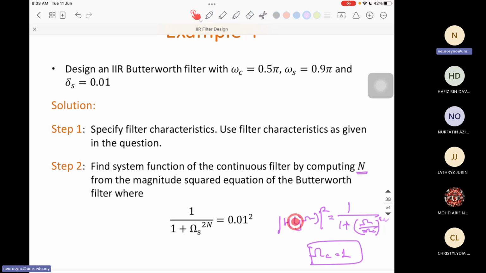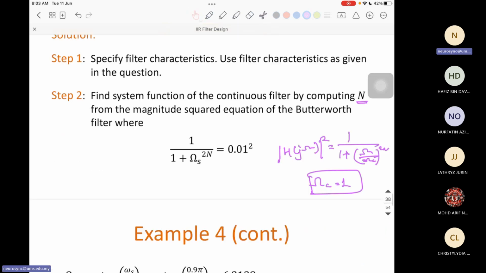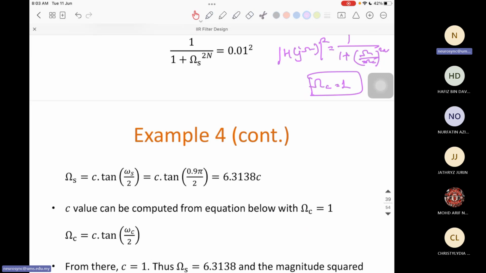I know the magnitude at capital omega s is 0.01 squared, which is equal to 1 divided by 1 plus omega s to the power 2N. Here omega c equals 1. Now I can find omega s here. Capital omega s is nothing but c into tan of small omega s by 2.